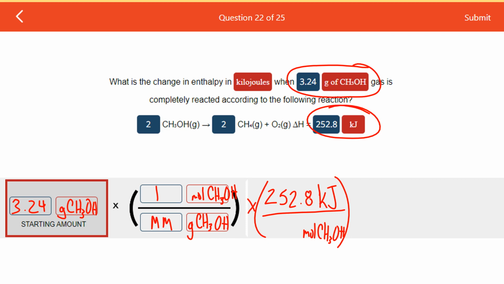Now, looking at my balanced equation, what am I going to put for my mole ratio here? 2. Since I have a coefficient of 2 here, that means I have a 2 there. And then I get my answer in kilojoules. All right.